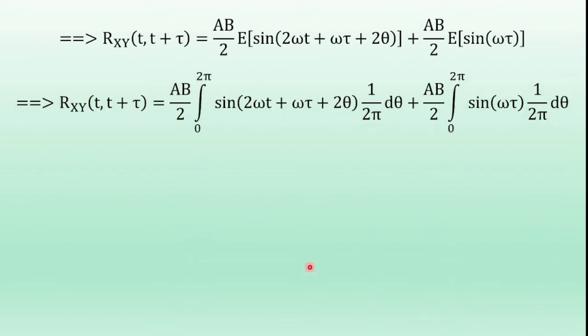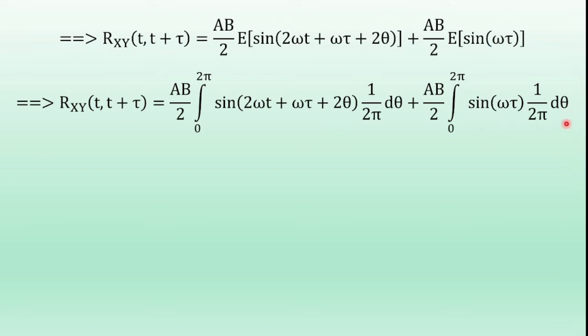Using the expectation of x of t expression, the expectation of the first function is the integral from 0 to 2 pi of sin of 2 omega t plus omega tau plus 2 theta into the density function of theta, that is 1 by 2 pi, d theta, plus AB by 2 into the integral from 0 to 2 pi of sin of omega tau into 1 by 2 pi d theta.